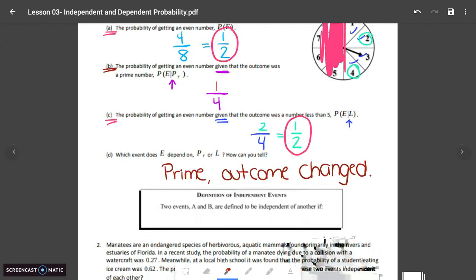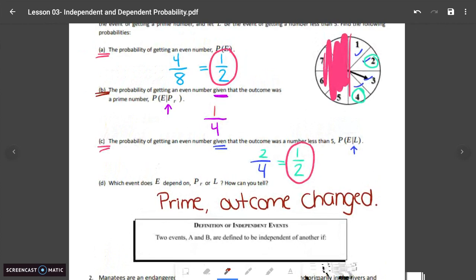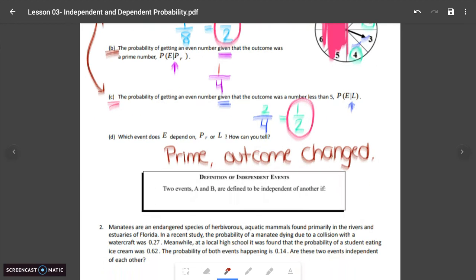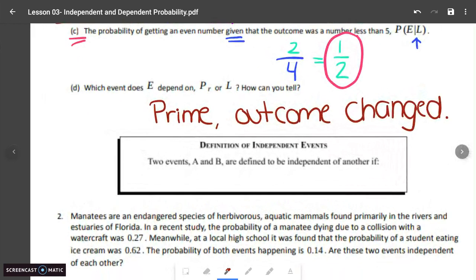But if we wanted to find a formula to see if something's independent, well, here, notice for A and C, the probability of being even and the probability of getting an even given the probability of less than 5, those two are the same. If I have a probability of A given B, it's independent if I still get the same probability as A by itself.